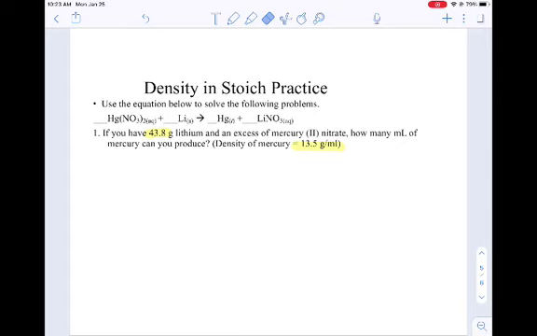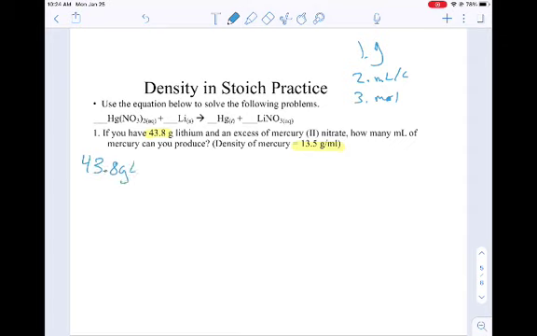If I go into lab, things that I can measure are grams, volumes, and then I can't really measure this, but we can pretend like it's a measured number. You could sometimes start with mole if it's given to you. We don't want to start with our conversion factors. So don't start with a molarity, don't start with a density, don't start with a molar mass. Okay? So in this problem, the measured number that's given to you is 43.8 grams of lithium.